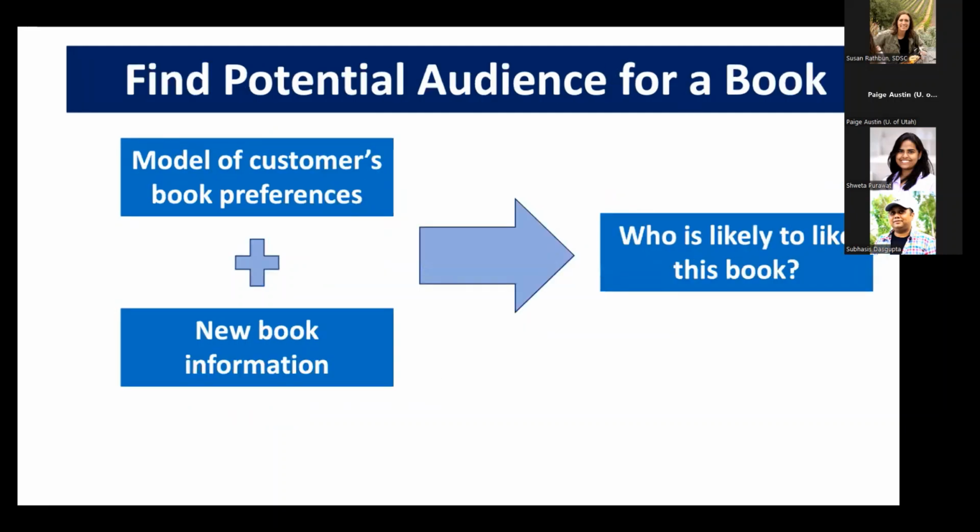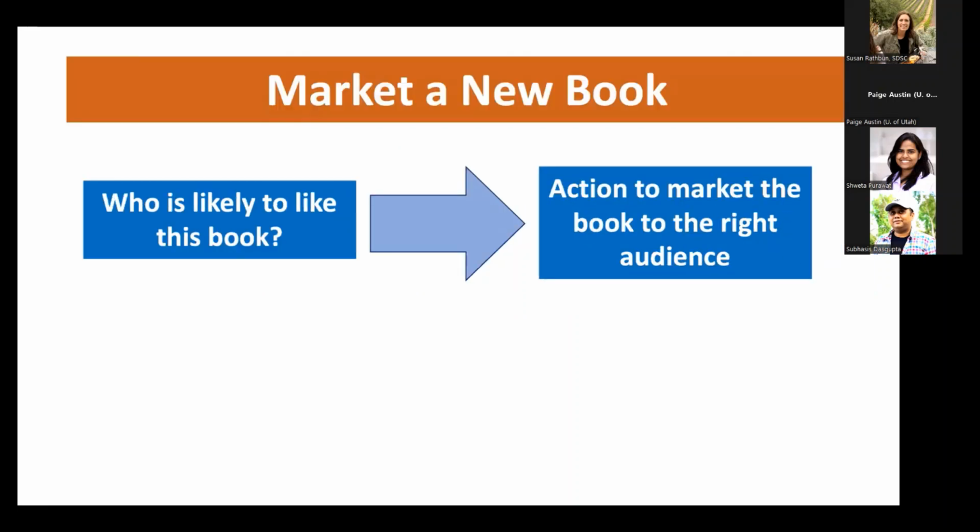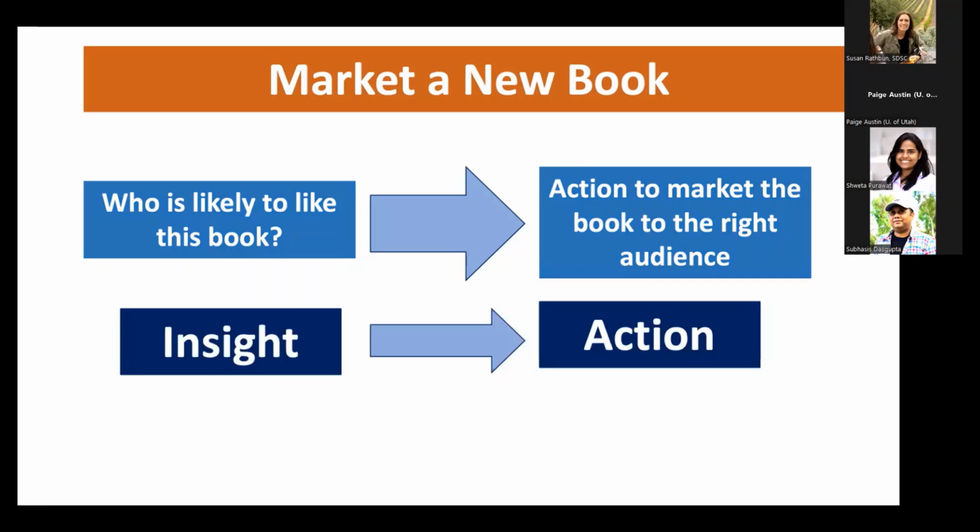One of the actions is to find a potential audience. The same information can be used by Amazon.com to find a potential audience for a new book. So who is likely to like this book is an insight, but then marketing the book to the right audience is action.